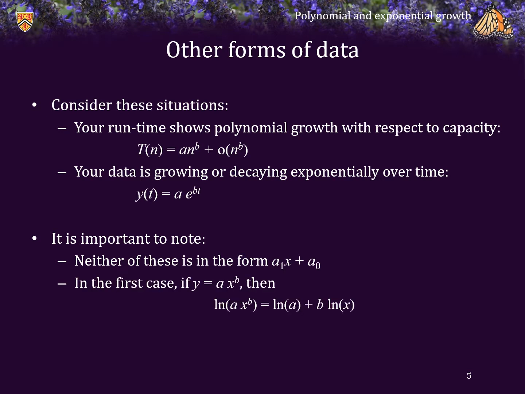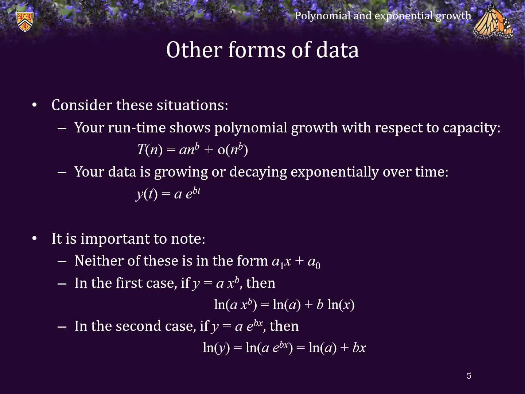However, if you look at the first case and write it in the form y is equal to a times x to the b, then note that log of y is equal to log of a times x to the b. But by the properties of the logarithm, the log of a times x to the b is equal to ln of a plus b times ln of x.